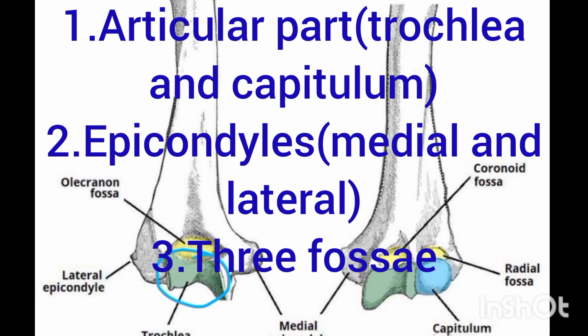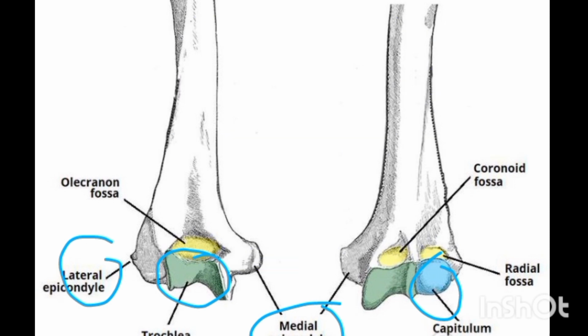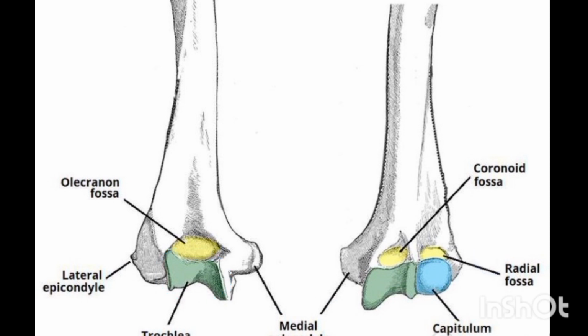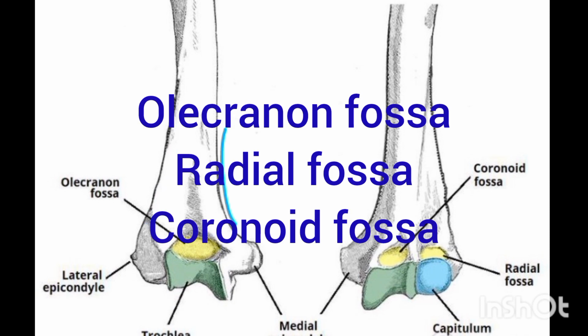Second, the epicondyles, your medial and lateral epicondyle, where the medial epicondyle is more prominent than your lateral epicondyle. Above these epicondyles, you have what? Supraepicondylar ridges, medial and lateral. It has three fossae: your olecranon fossa, your radial fossa, and your coronoid fossa.